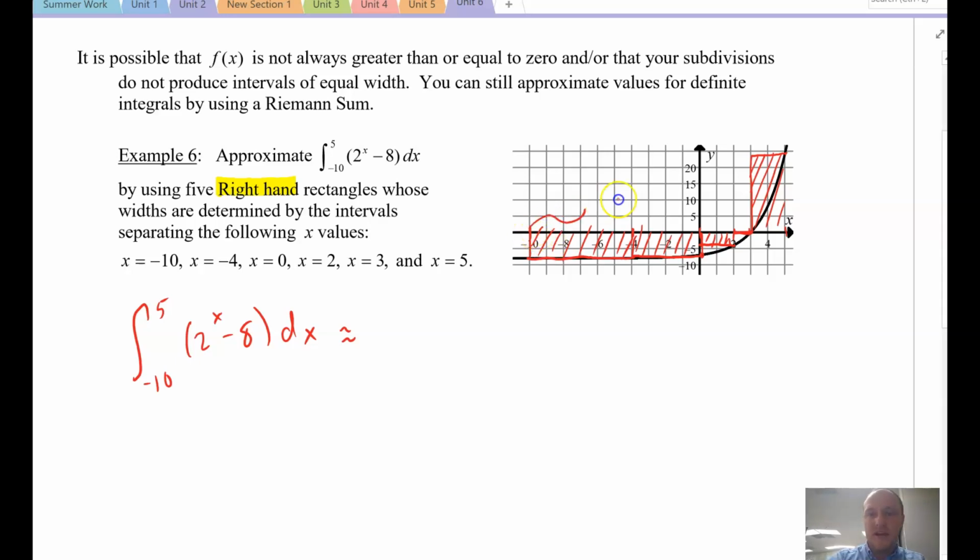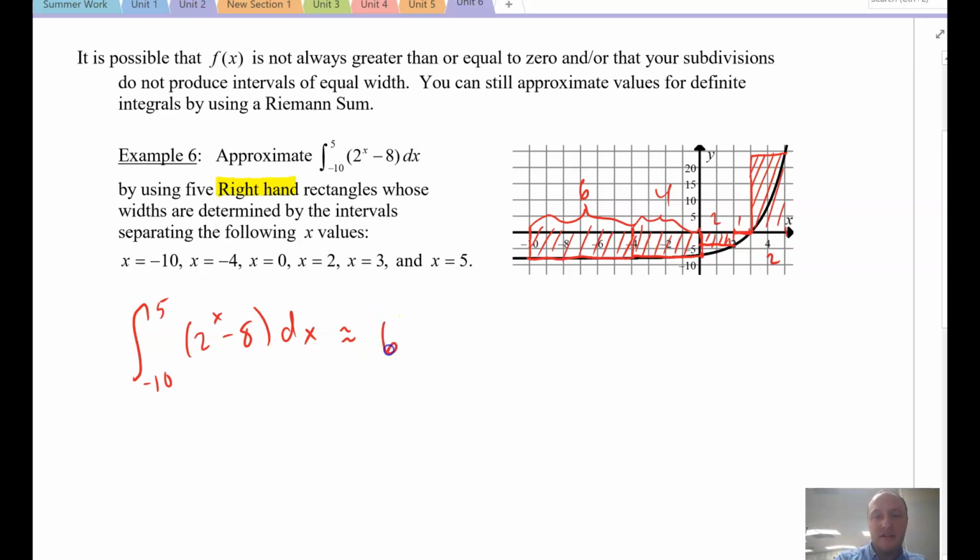From -10 to -4, that width is 6. From -4 to 0, that width would be 4. From 0 to 2, that width would be 2. The interval here, this width is 1, but again, that total area is 0, so we're not going to calculate that. And then from 3 to 5, that width would be 2.